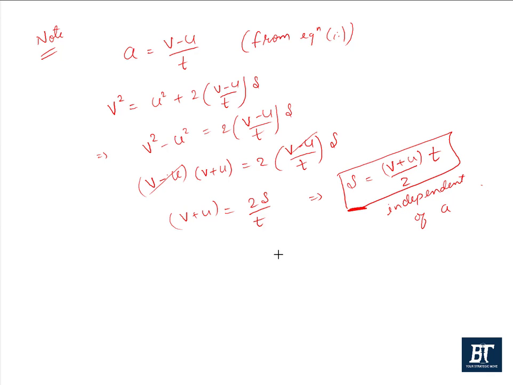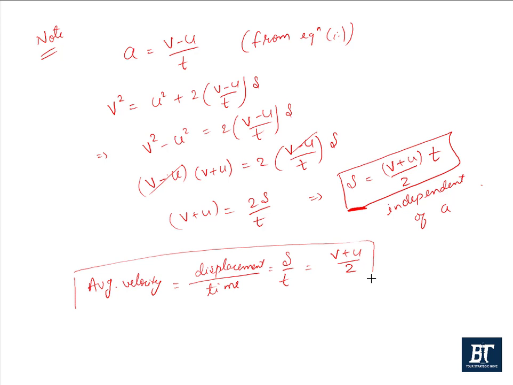And from this equation we can say that s by t will be equal to v plus u by 2, and we know that s is total displacement of the particle, t is time taken by the particle, and we also know that total displacement covered by the particle upon time is nothing but average velocity of the particle.